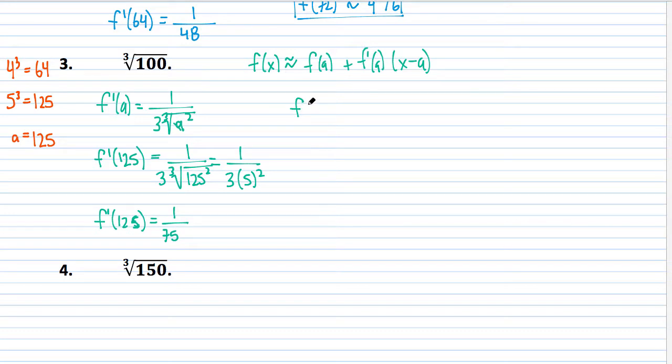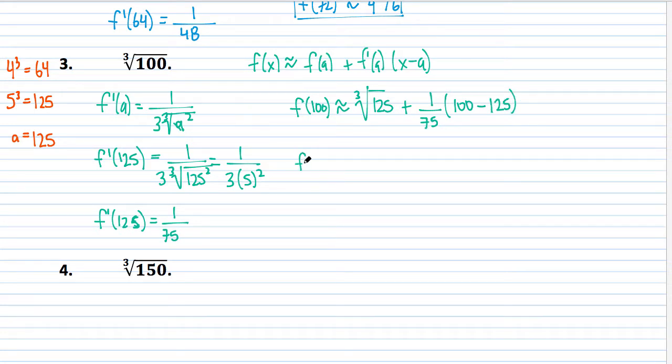Going to our approximation, f of 100, so this is approximating the cube root of 100, is going to be the cube root of our a, so that's the cube root of 125, plus our derivative at 125, which is going to be 1/75, times the difference between x and a. So x, in this case, is 100, minus our a, which is 125.